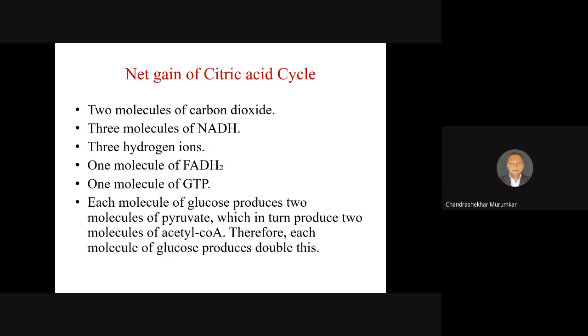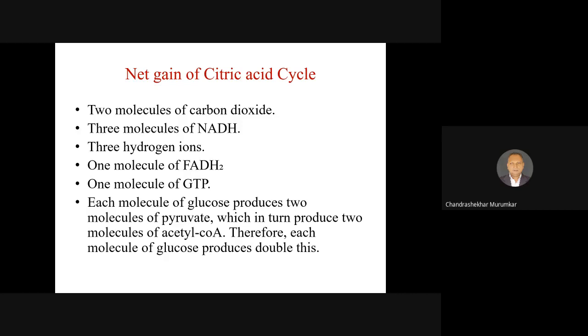So to begin with, what is the net gain of the TCA cycle? The 2 molecules of carbon dioxide, that is CO2, that is the decarboxylation process. The 3 molecules of NADH2, as I told you, we have discussed.